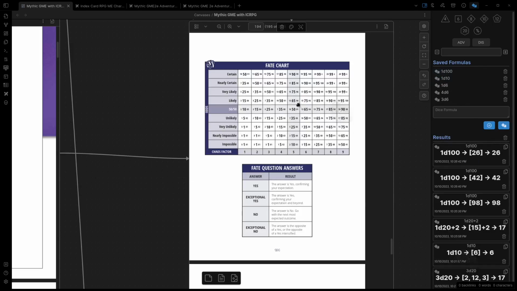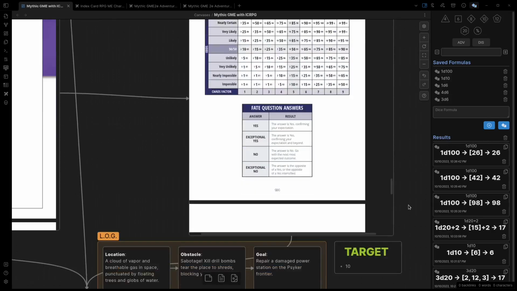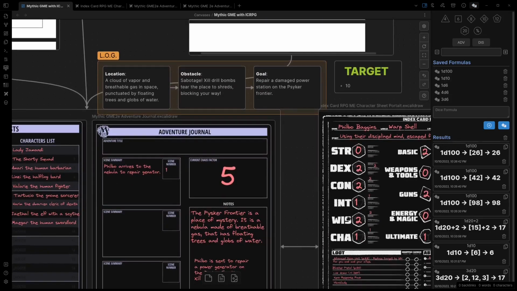26 is my answer. So yes, there are bombs hitting near where my character is. So now I have to do a survival check, which is going to be wisdom or dex. It depends on how I'm going to be surviving it.